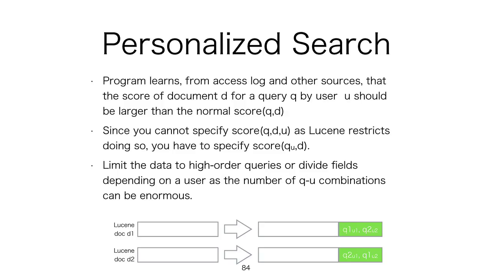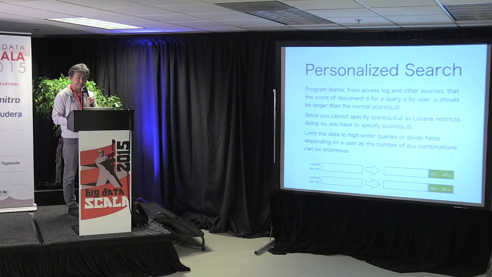Personalized search means optimizing the search ranking for query Q on a searcher-by-searcher basis. Likewise, the program learns from access logs and other sources that the score of document D should be larger than the score that Lucene normally calculates for query Q by user U. Since you cannot pass U to the score function parameter, as Lucene restricts doing so, you have to combine query Q and the user U to create Q sub U. Now, this task can be realized by keyword attachment as well.